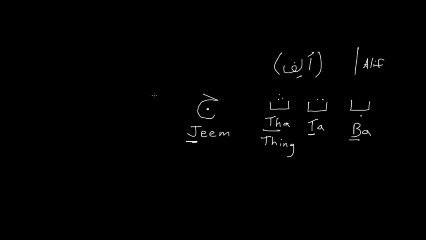The next letter is the first one on this list that's really hard to pronounce. It's Ha. So when people usually write this in English letters, they won't write an H. They'll actually write a 7 because it looks kind of like a 7 in Arabic. It's almost like the sound that you make when you're taking off your glasses and you blow from the back of your mouth to clean your glasses.